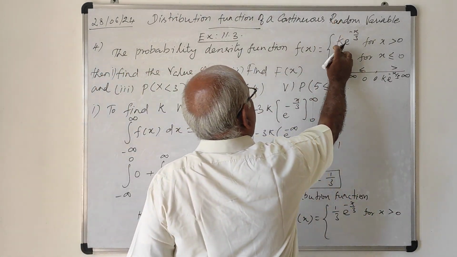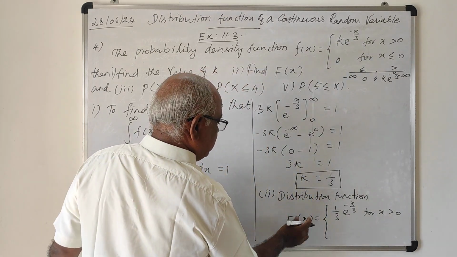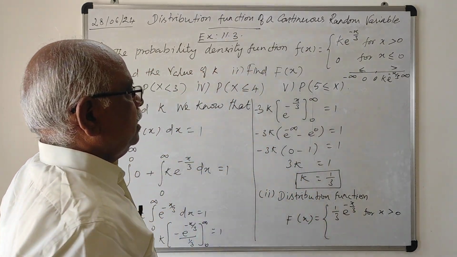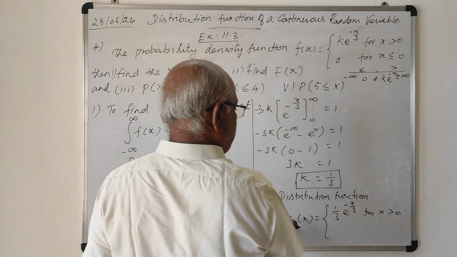After finding the value of k, you substitute it. K is 1 by 3.